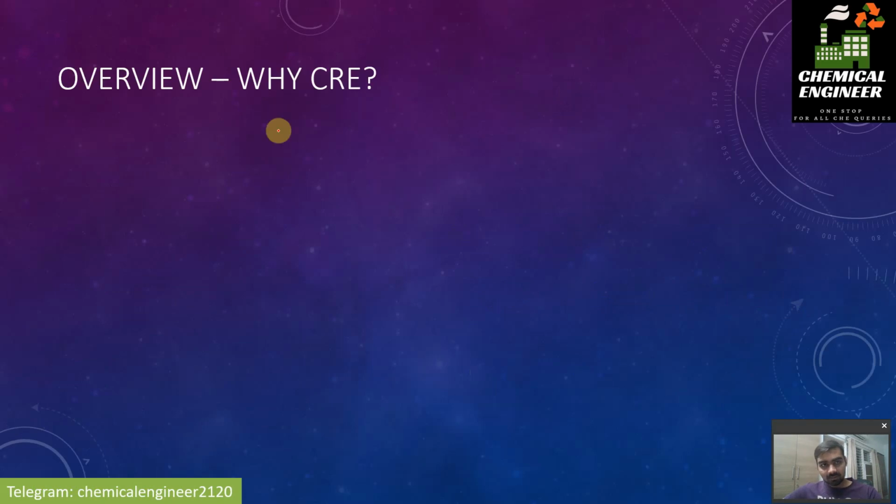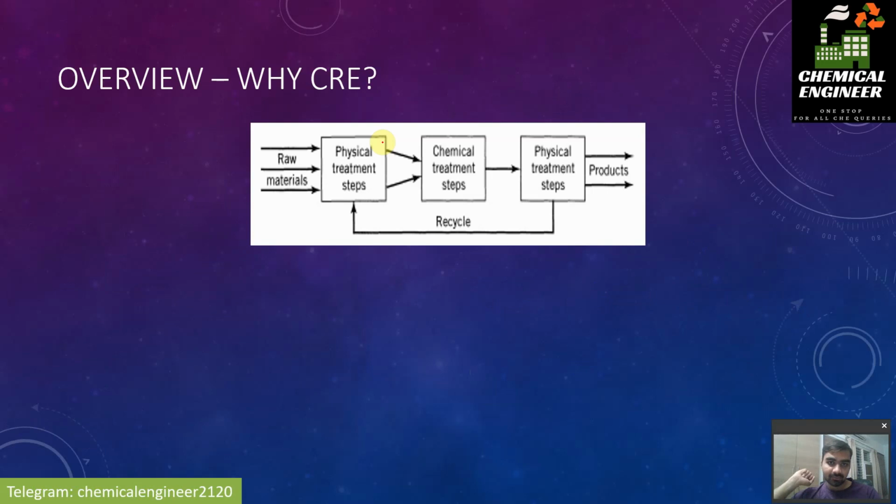So first of all, we will start with an overview. Why do we want to study chemical reaction engineering? For that I have a photo. Generally in any chemical industry, we have a raw material, and we do its processing.